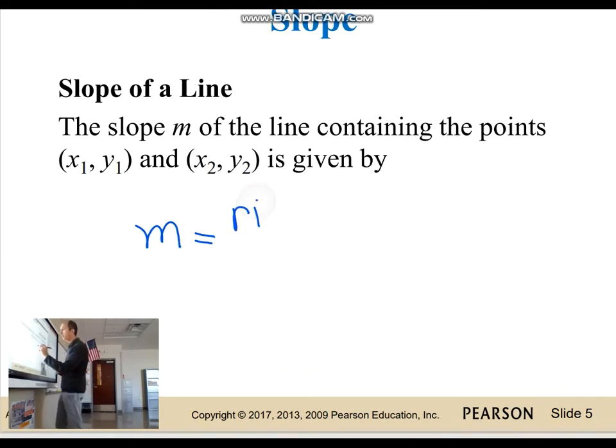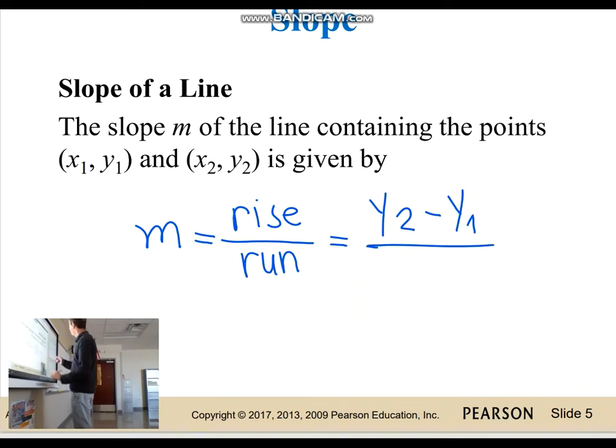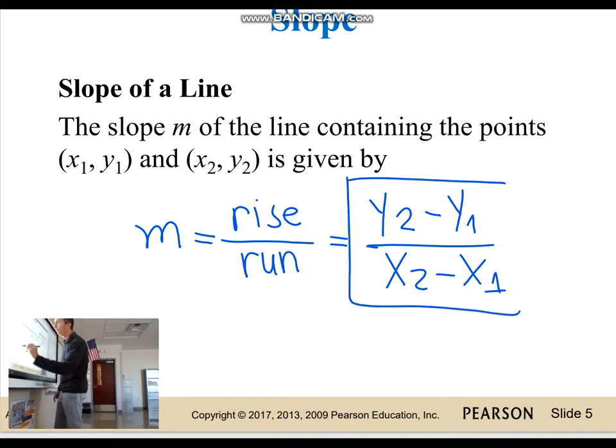The slope is always rise over run, but we can calculate it by the change in y over the change in x. The change in y is y2 minus y1, and the change in x is x2 minus x1. This is the formula that we will use to find the slope of a line given 2 points of this line.